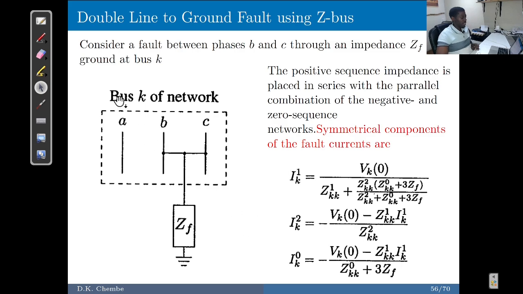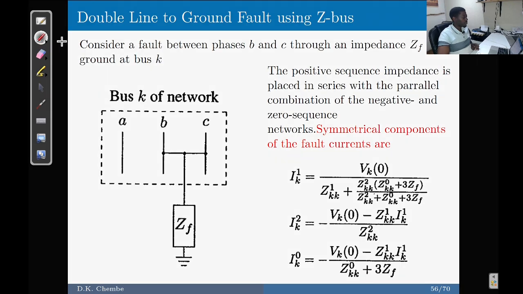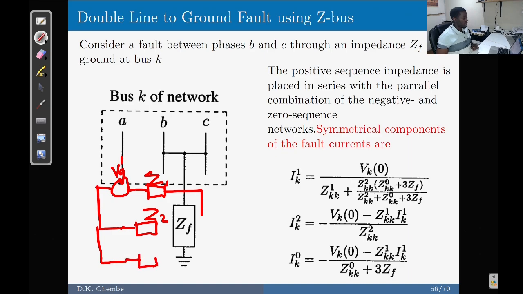What you have is the parallel combination of your zero sequence, your positive sequence, so we can say like so, and then your negative sequence is in parallel with your zero sequence element.